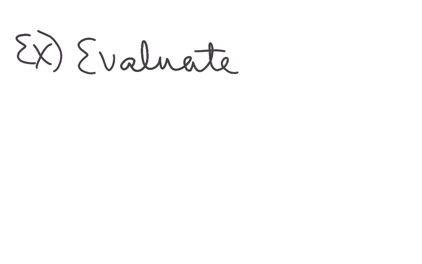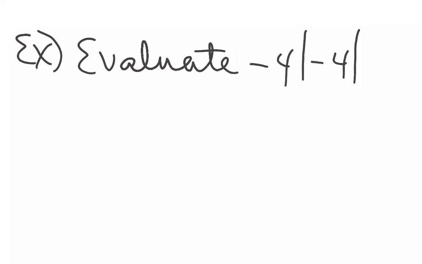So let's look at some other examples in dealing with absolute value. Evaluate -4 times the absolute value of -4. So again, like I said, they kind of look like parentheses. So when we're looking at our order of operations, we are going to do that first.